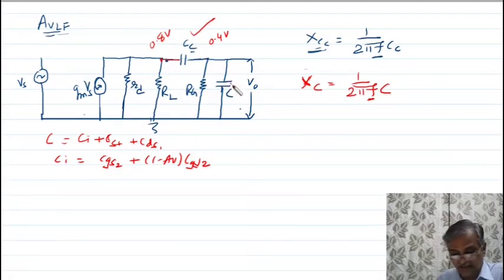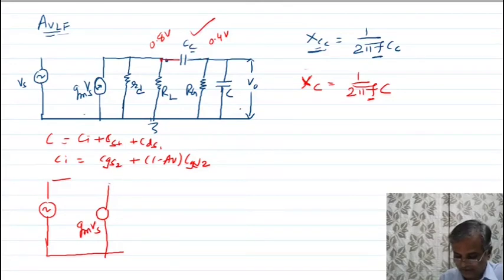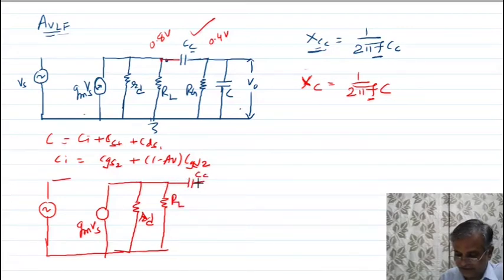So as a result, the equivalent circuit at low frequency can be drawn. This I have to consider. So this is RD. This is your RL. I am considering the coupling capacitance CC.